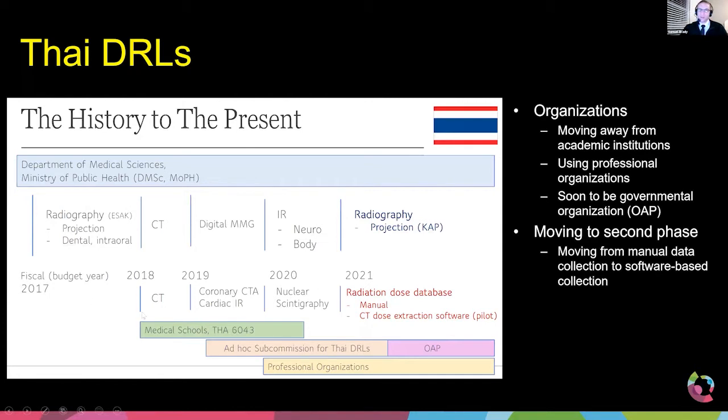And so I know initially with several of these academic institutions, they did have electronic data collection, but it was localized to just a few hospitals. And so now moving forward with the help of the IAEA, the goal is to get this same software distributed more broadly, more globally throughout Thailand, so that we can speed up the process of data collection for DRLs for the next cycle, the next 3 to 5 year cycle.